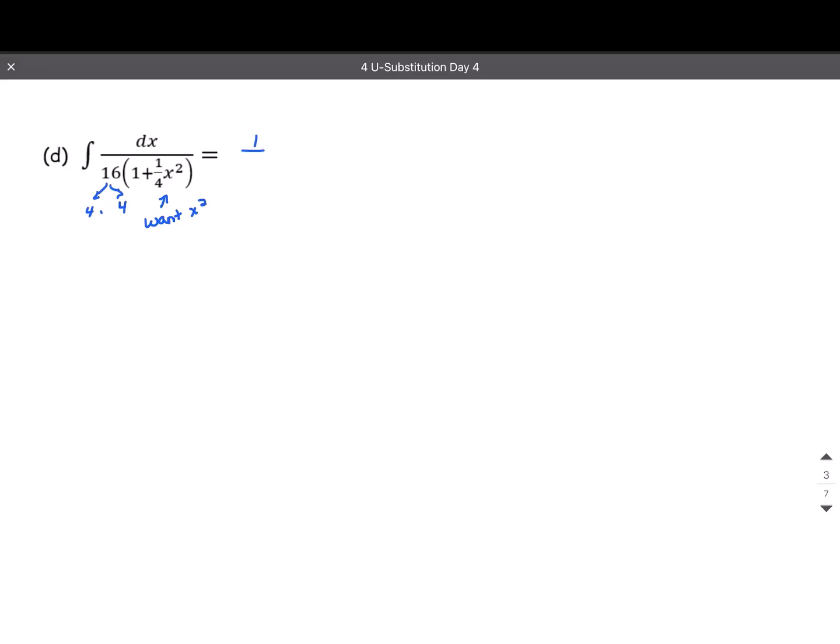So if we pull out one of the 4's as a 1/4, because it's in the denominator, times the integral of, that leaves us with another 4 times this 1 plus 1/4 x squared dx. And if we multiply that 4 through, we have in the denominator 4 plus x squared. Now the 4 is our a squared, so a is 2.